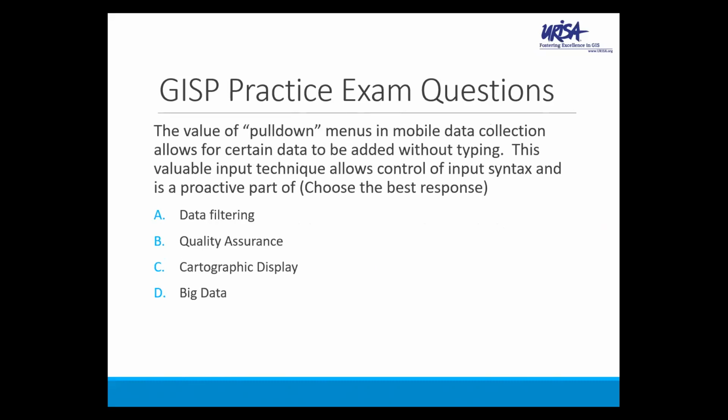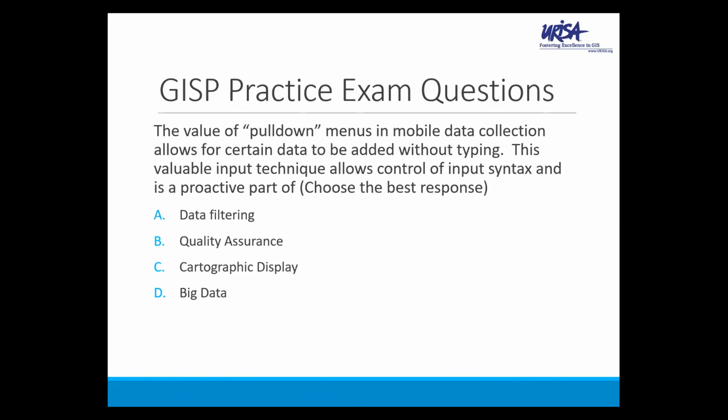With respect to collecting field data, and again, this question addresses two areas: one, the field data collection, and two, a question about QA/QC. The value of pull-down menus, field choices in mobile data collection, allows for certain data to be added without typing.